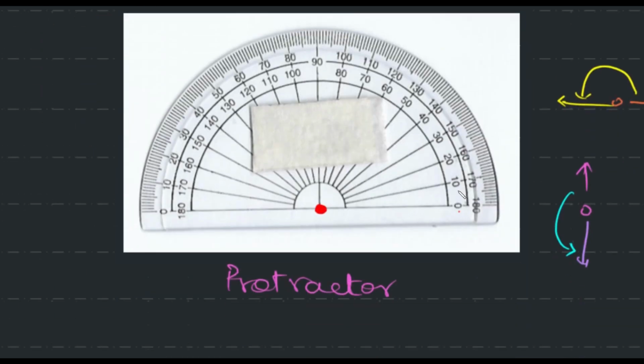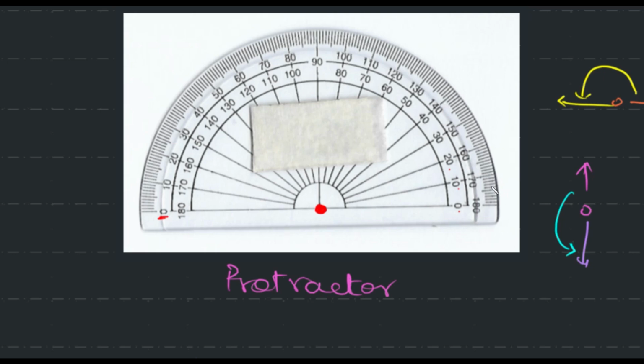Now let's observe a few things about the protractor itself so that it makes sense. See, we have 0, 10, 20, 30, 40, 50, 60, 70, 80, 90. So clearly this is perpendicular. 100, 110, 120, 130, 140, 150, 160, 170, 180. Also, we have 0 starting from the left end, and you can go 30, 60, 90, 120, 140, 160, 180.